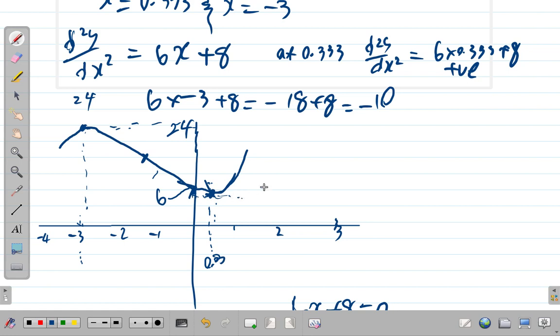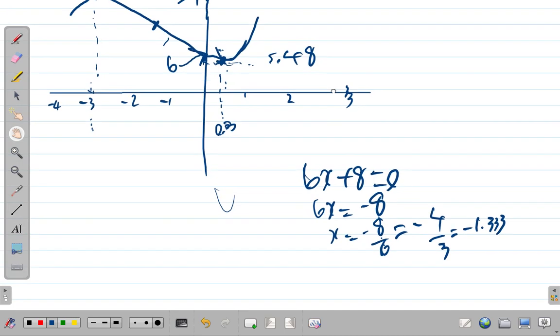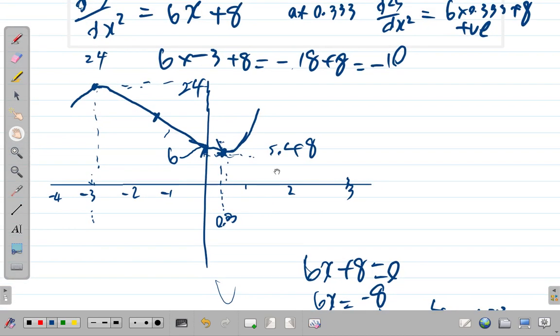The height of this is 5.48. Alright. The y-axis is at 6. The point of inflection. Where was the point of inflection again? At x equal negative 1.3. Alright. Point of inflection located somewhere here, negative 1.3.